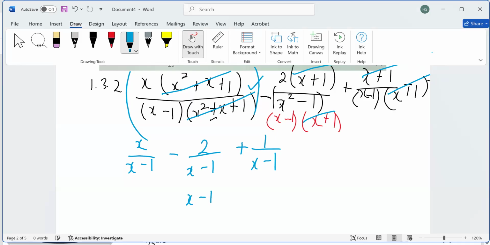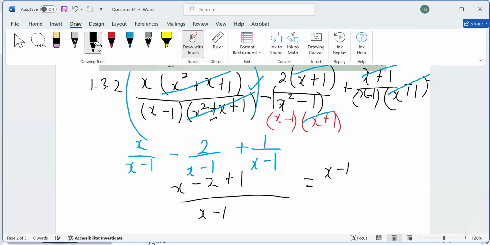Take x minus 1 as the lowest common denominator. What are you going to be left with? x minus 2 plus 1. What is x minus 2 plus 1? It's x minus 1, all over x minus 1, so these two cancel each other out. And then we get our 4 marks.